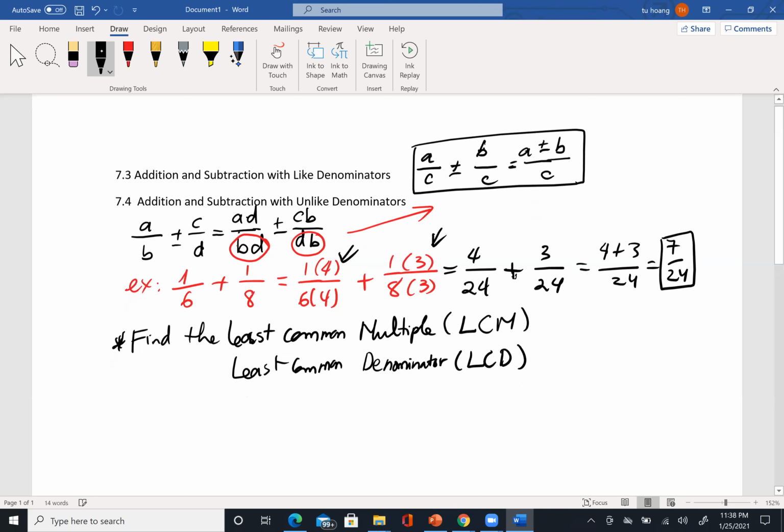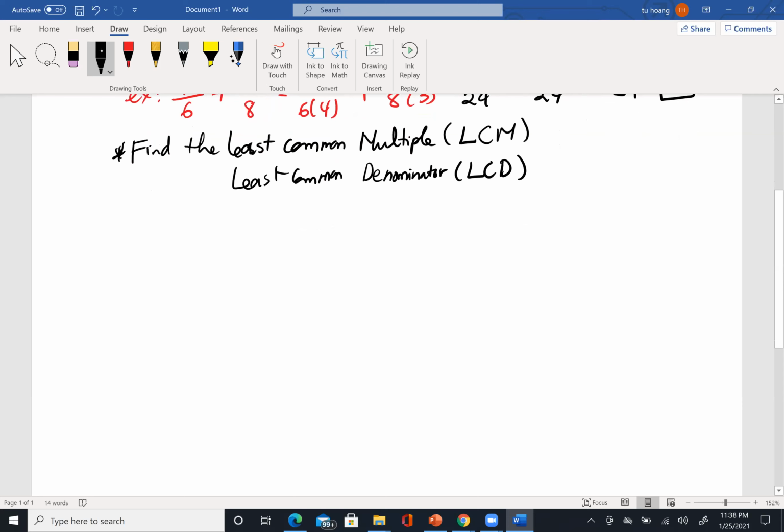Let me tell you the 3 steps to find the least common multiple. Step 1, factor each polynomial completely.